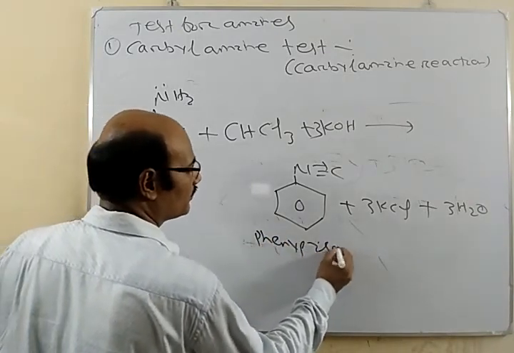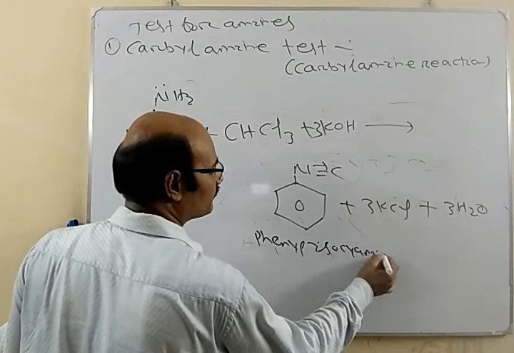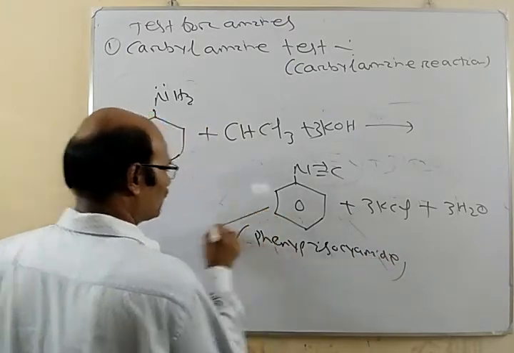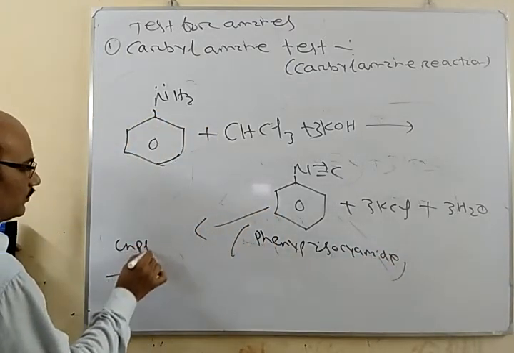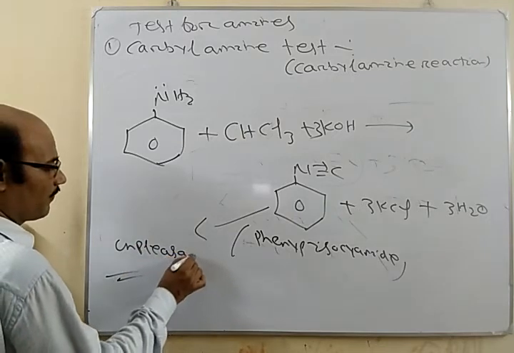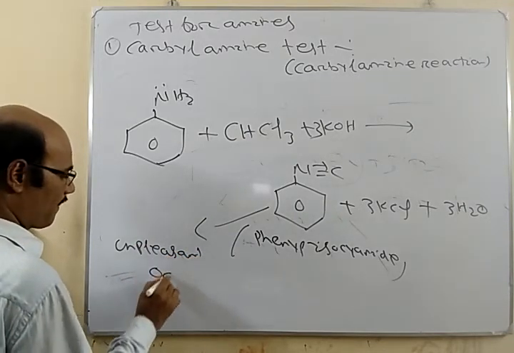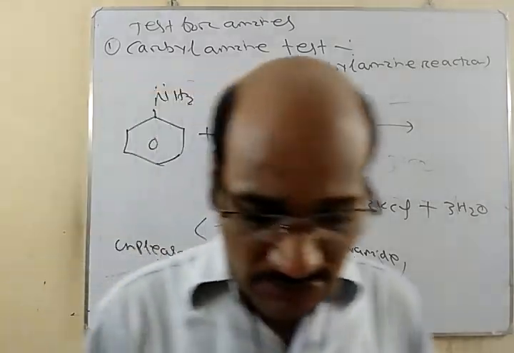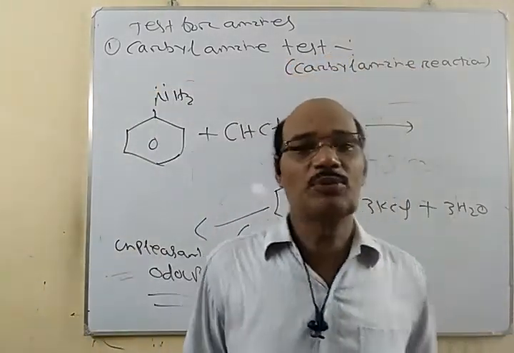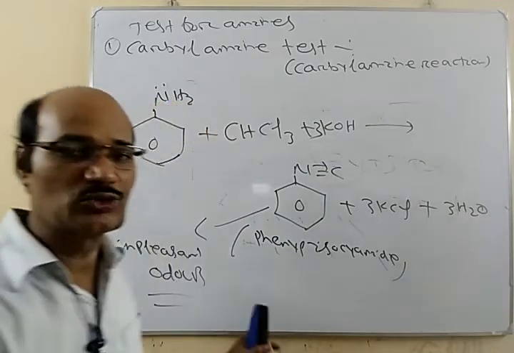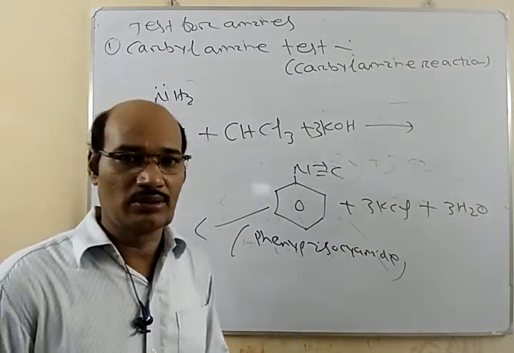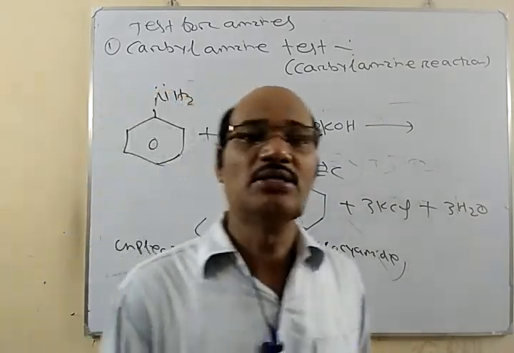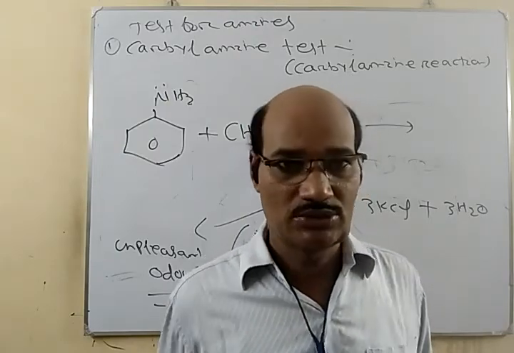Phenyl isocyanide has an unpleasant odor. This unpleasant odor of isocyanide indicates the presence of primary amine. And this reaction is not given by secondary amines or tertiary amines. Clear?